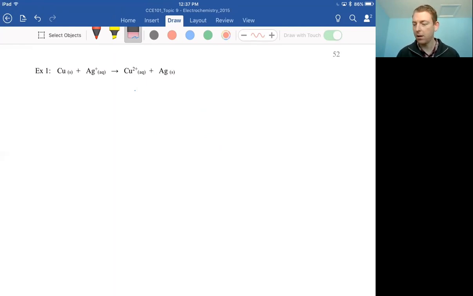Okay, so we go back and refer to your sheet for the steps for balancing redox reactions. Step one is to split the reaction into two half reactions. So in this instance, we'll take copper metal going to copper 2 ions. So this is going from copper 0 to copper 2 plus.